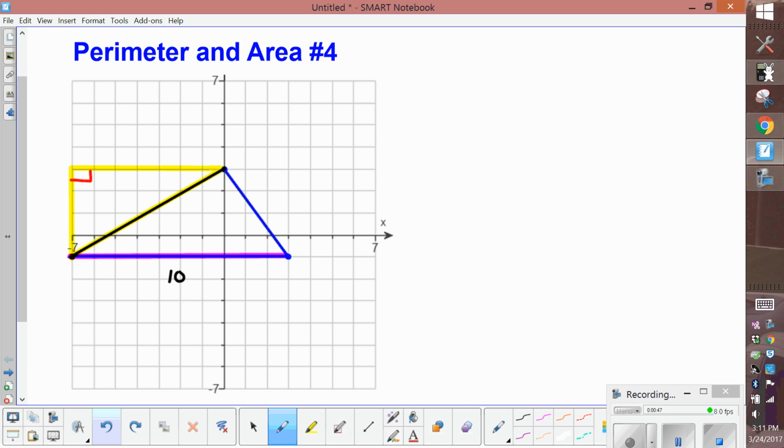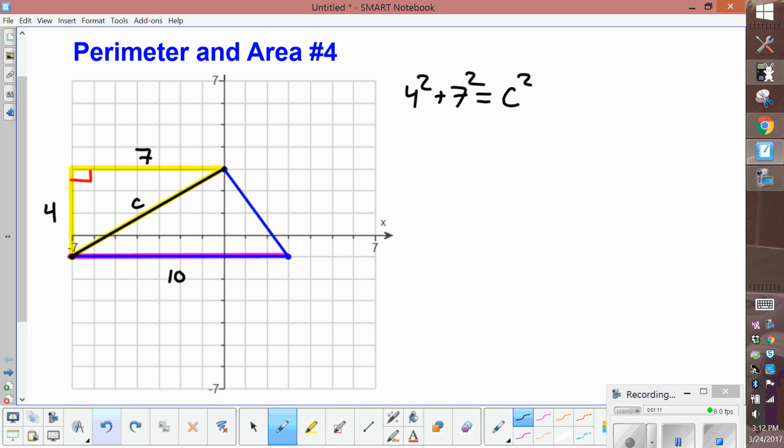This left side is going to be 4 units, and this top, 1, 2, 3, 4, 5, 6, 7 units. And then let's call this c to be consistent with the Pythagorean theorem. So the rule is a squared plus b squared equals c squared. 4 squared plus 7 squared equals c squared.